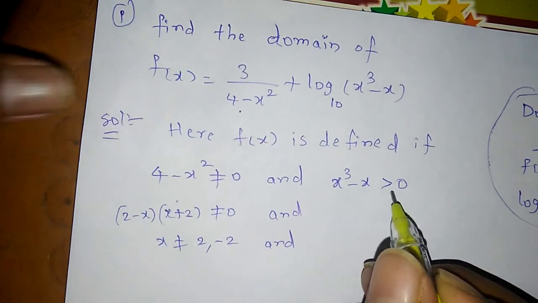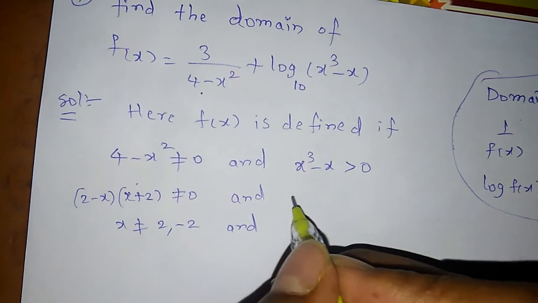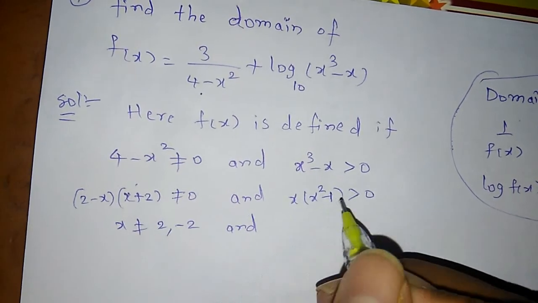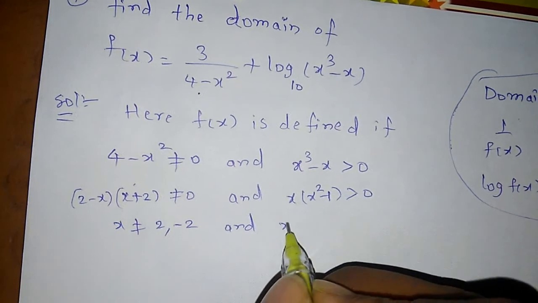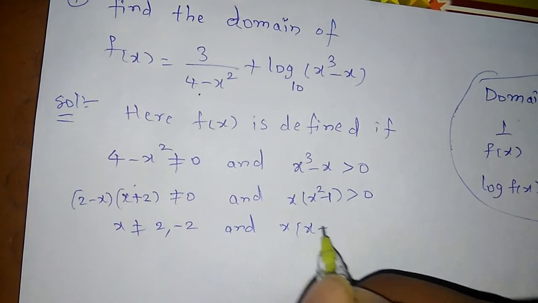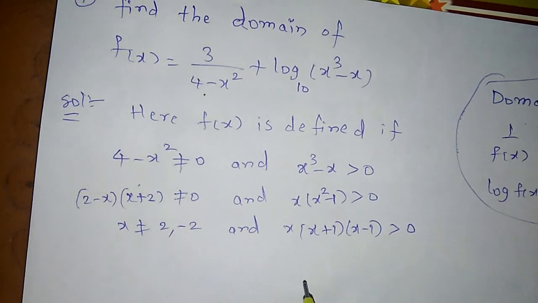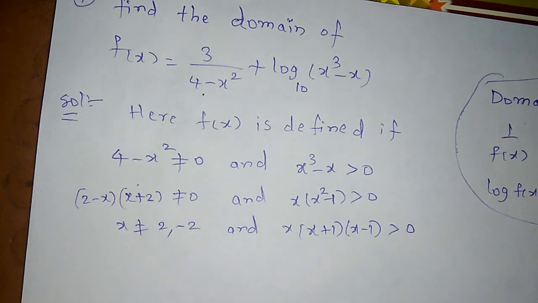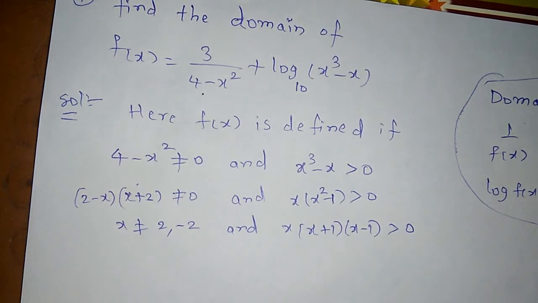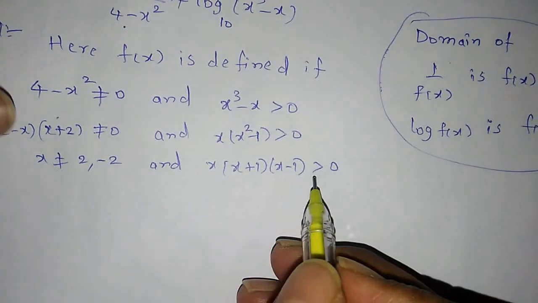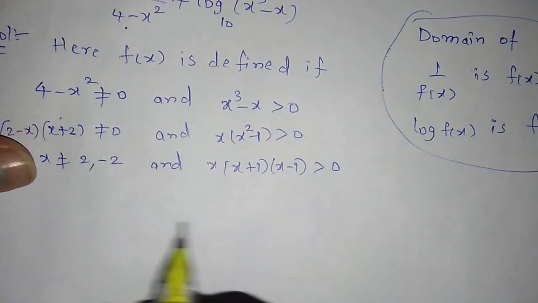And here x cube minus x greater than 0. So if I take x common, x into x square minus 1 greater than 0. So x into x square minus 1 can be written as x into x plus 1 into x minus 1 greater than 0. So here we can use the product formula. You need greater than 0, right?